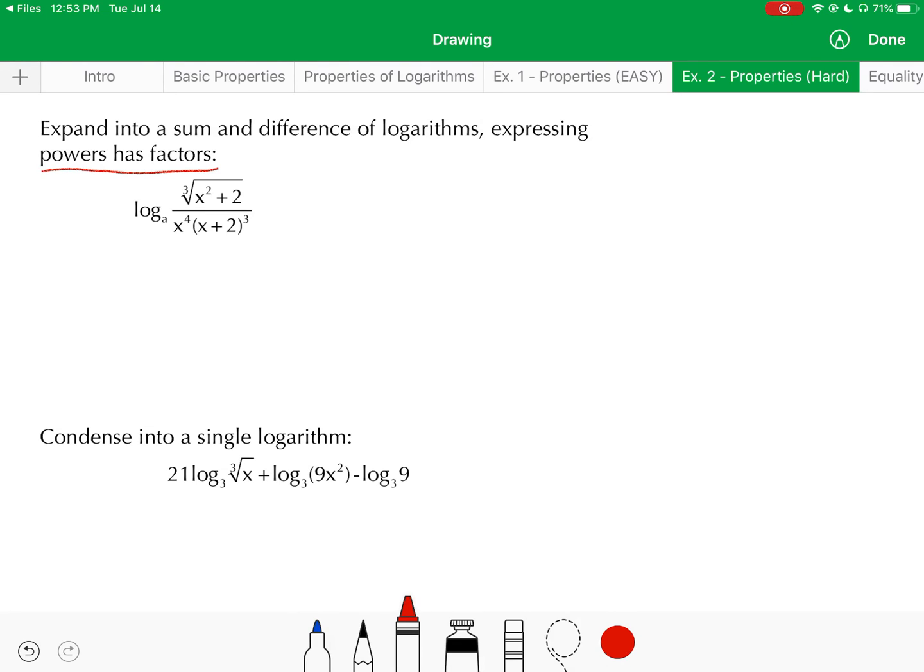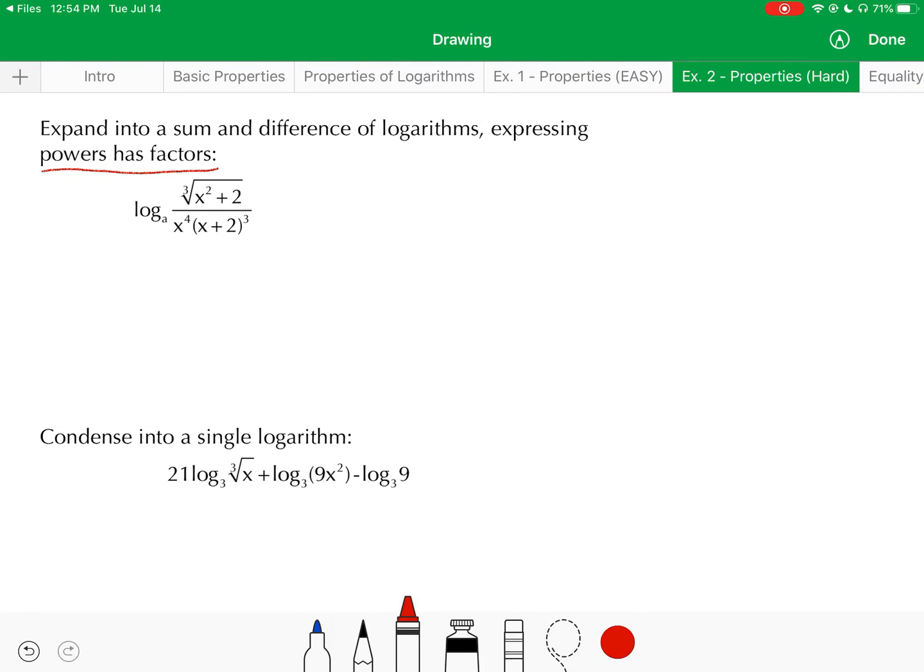Log base a of the cube root of x squared plus 2, that's being divided by x to the fourth multiplied by x plus 2 cubed. All right, so I'm actually going to handle the fact that this argument has a fraction within it first.